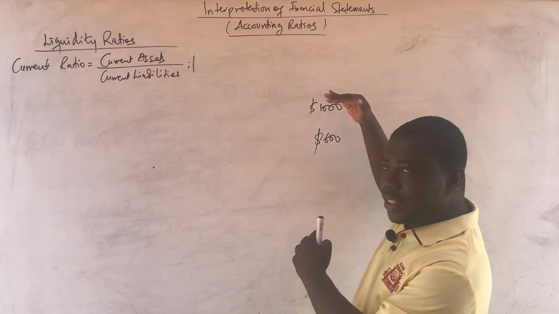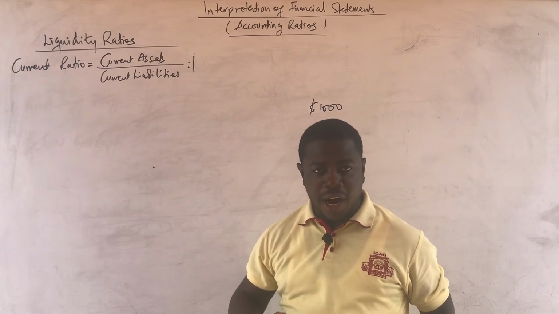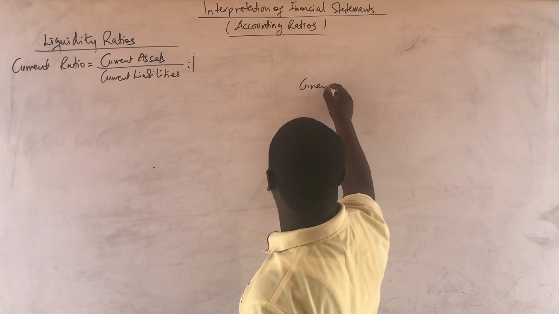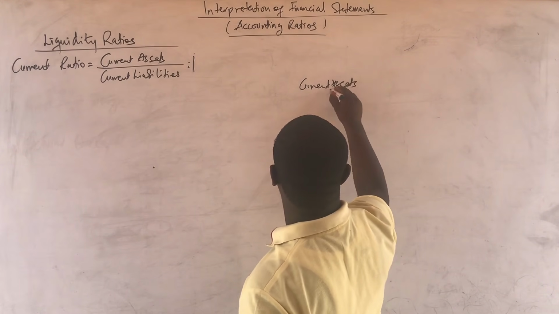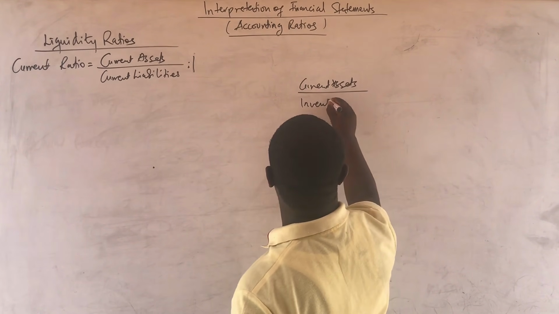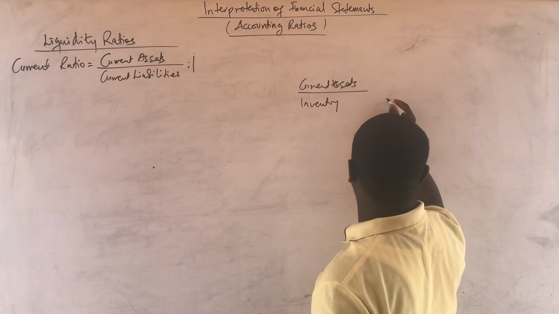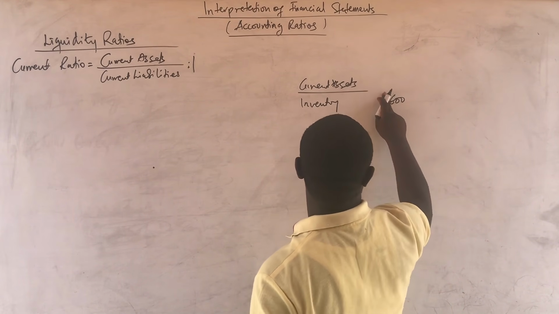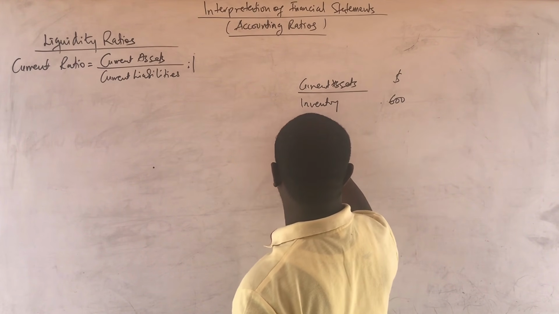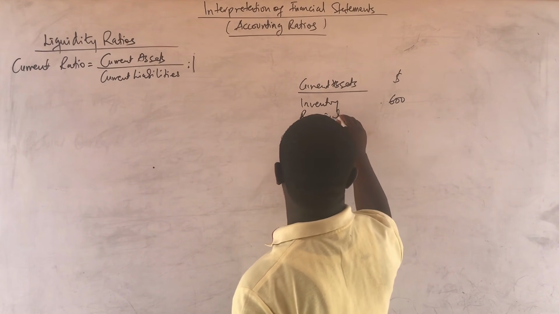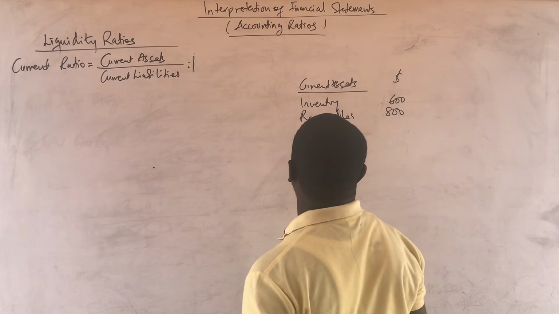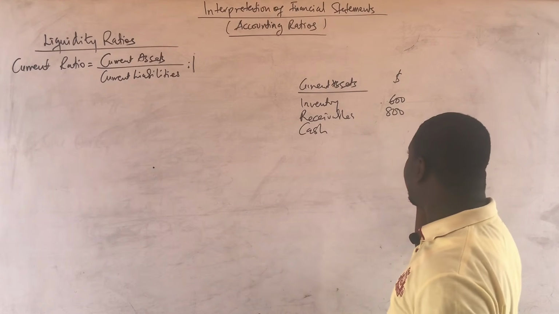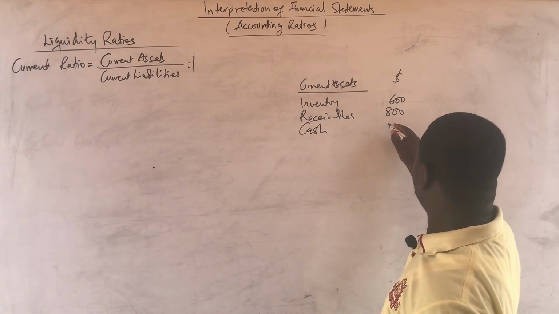So now let me quickly list some assets and liabilities here for our analysis. Let's assume we have this as our current assets. We have inventory, which is our stock. Inventory to be, let's say, $600. We have receivables to be 800, and let's say we have cash. That is, whether it's cash at bank or cash in hand, cash is cash, to be 600.